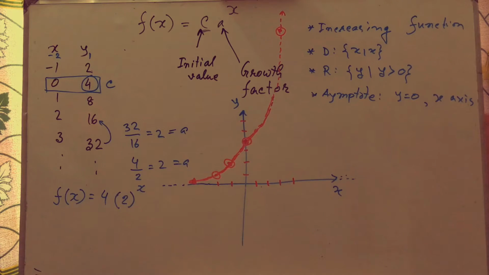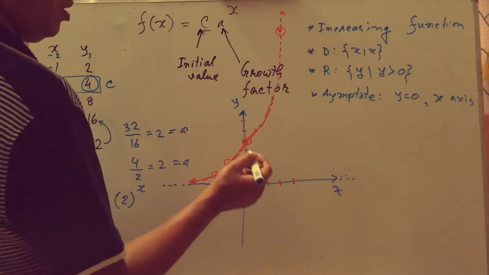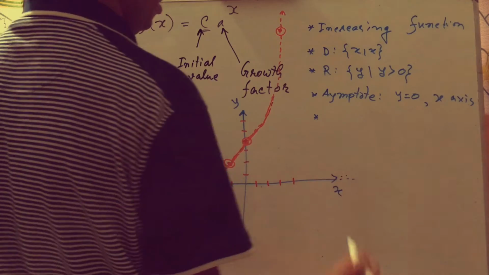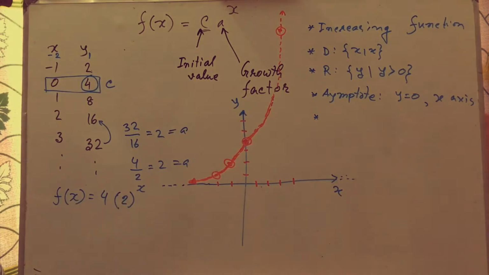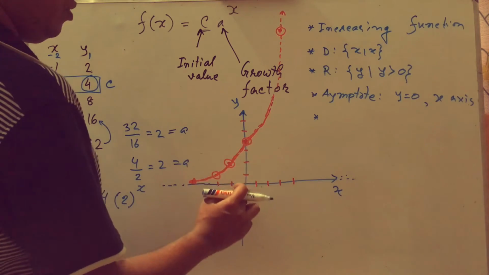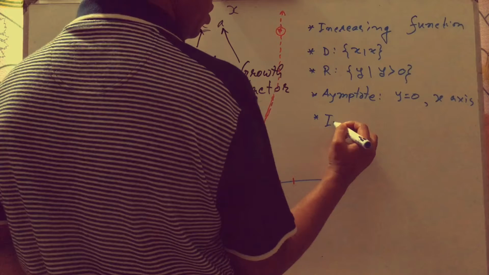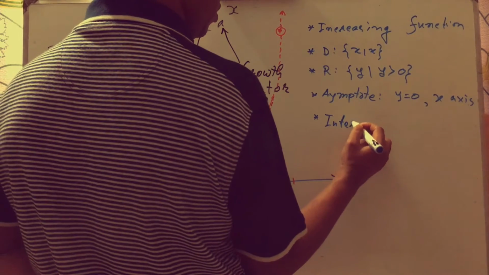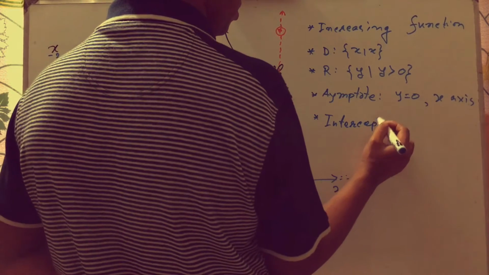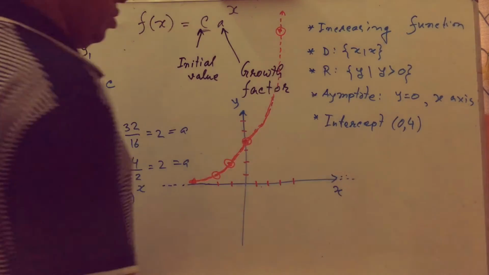What else can we decide about this graph? The intercept. The intercept of this graph is this point, which is (0, 4)... 1, 2, 3, 4 and 0. So the intercept is (0, 4).